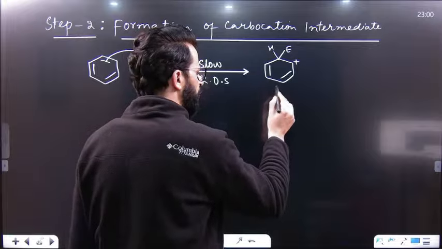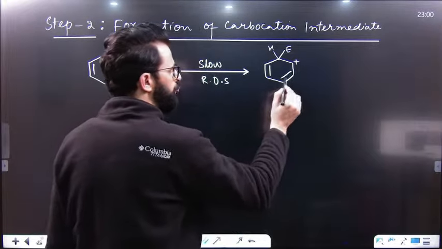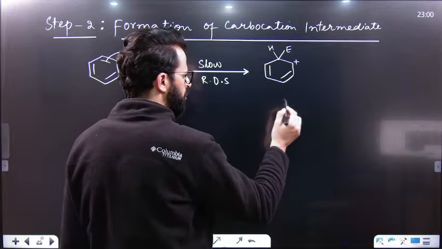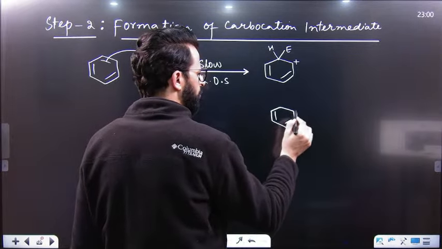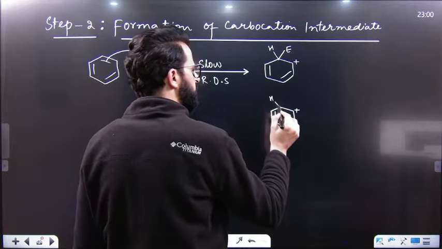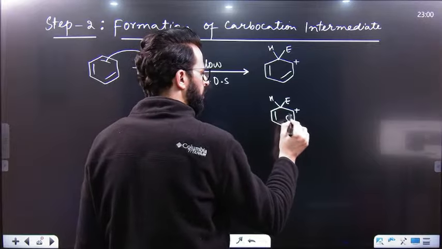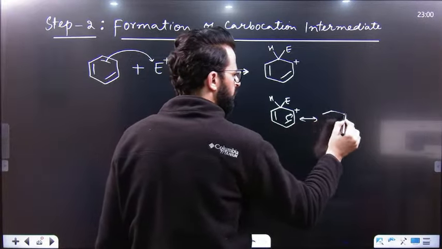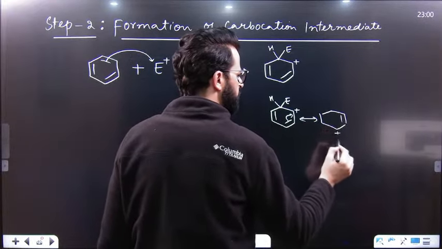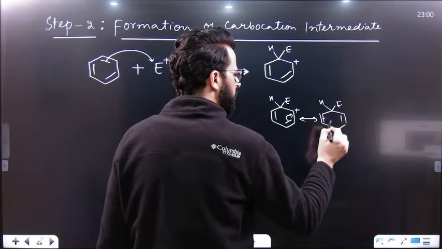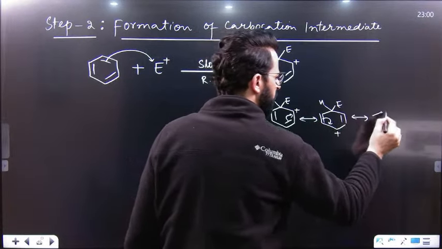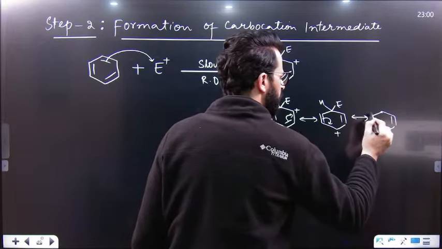If we draw its resonating structures, have a look, we can draw like this. So this will have a positive charge, then H and E. Similarly, this will resonate like this and form another resonating structure.